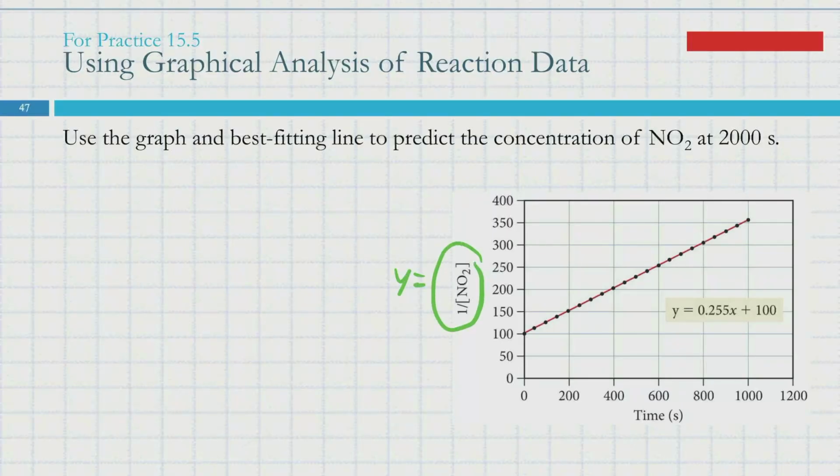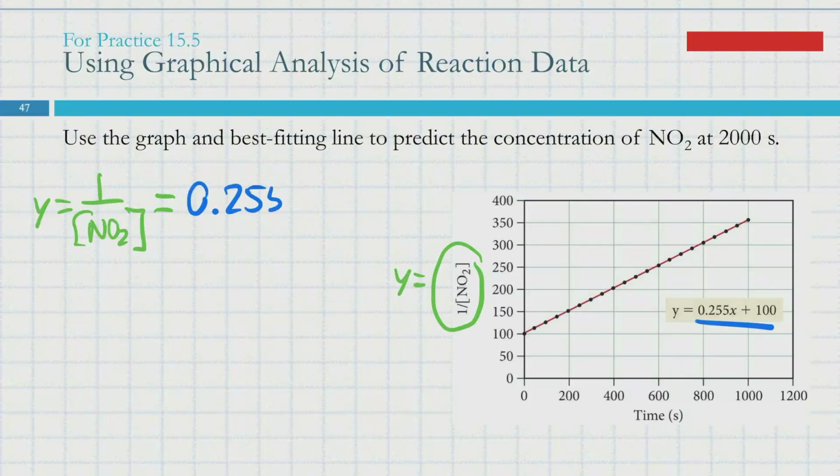It's 1 over the concentration of NO2. And the rest of the equation is this: 0.255x, which we know is time, plus 100.